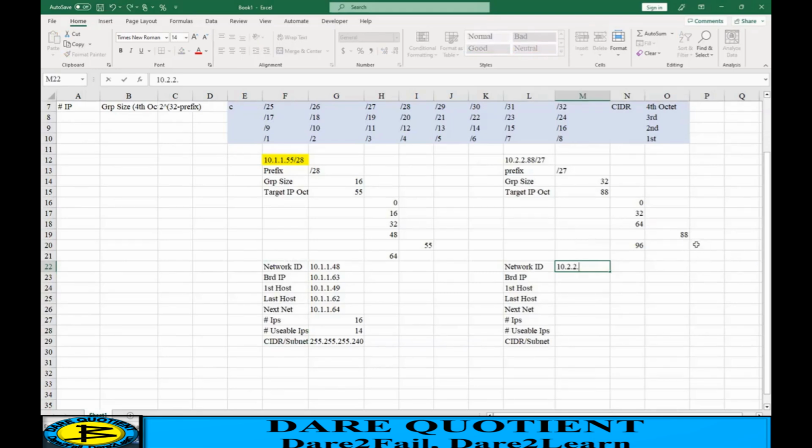The value before our target IP octet value of 88 is 64. So that gives us 64 here. Our next network is the value after the target IP octet. So the 96 is our next network. So we have 10.2.2.96.